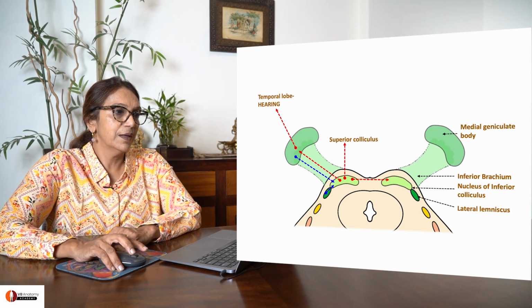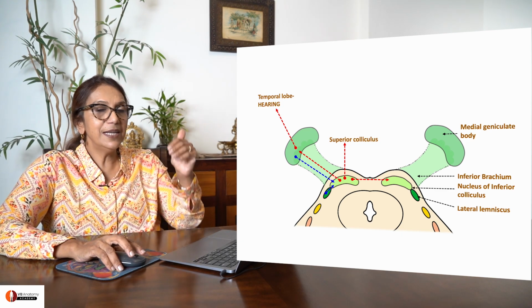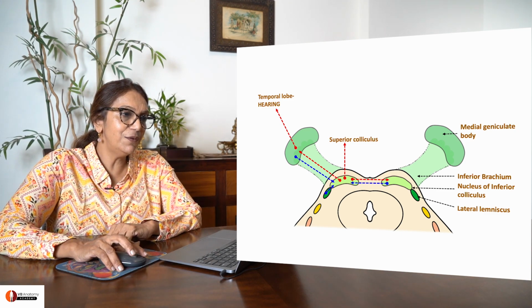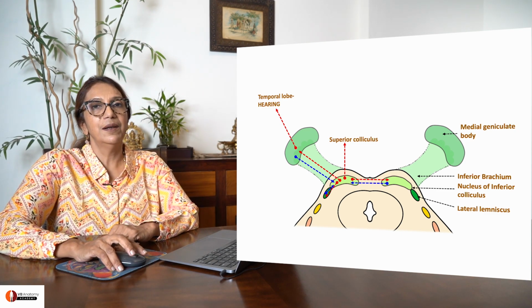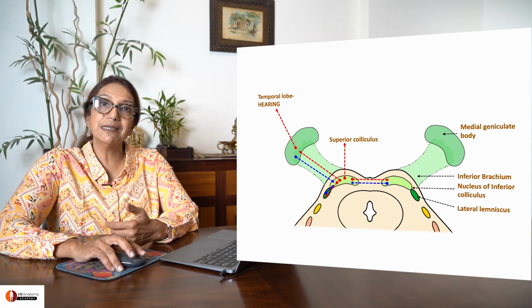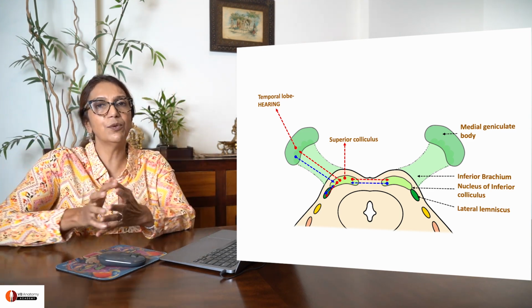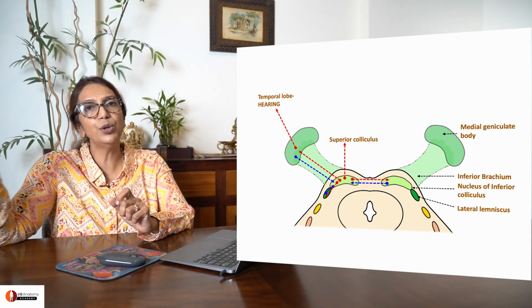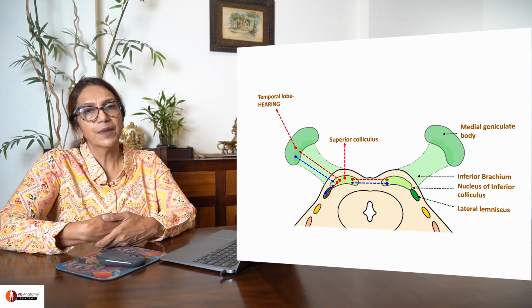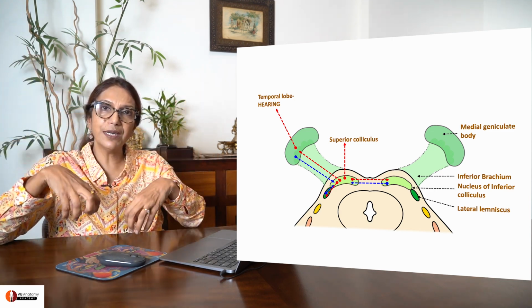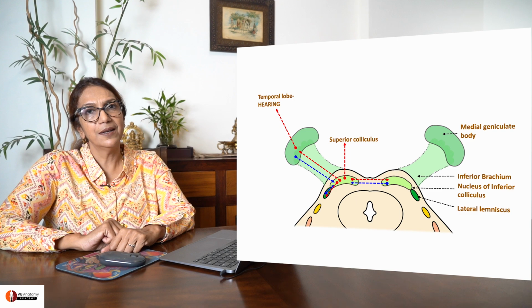In parallel, the temporal lobe and the medial geniculate body influence the inferior colliculus, which in turn influences the lateral lemniscus, carrying some corticofugal fibers, some fibers which are descending down. Can you imagine why fibers are descending down from the auditory cortex to the cochlear nuclei?